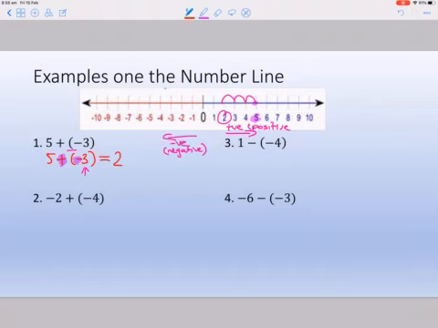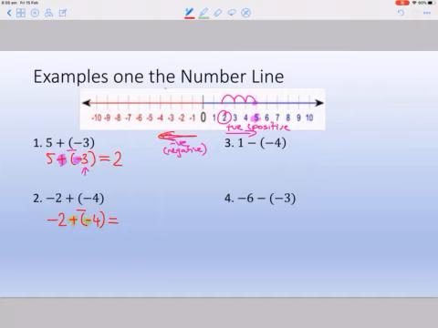Okay, let's keep going. I'm going to do this one. Rewrite it because it's beautiful working out. This is what I want to see in your books. Minus 2 plus minus 4 equals. Now this is the same situation. Notice that these two are different. So that means it's going to be negative. Which means we're going in this direction again.